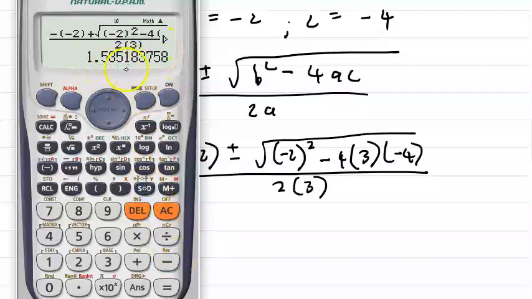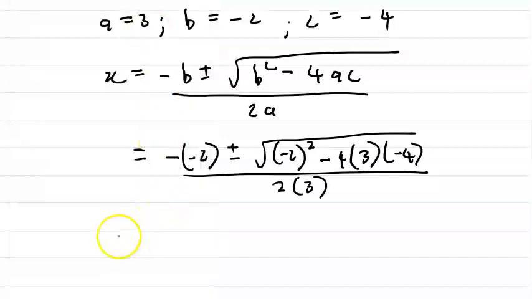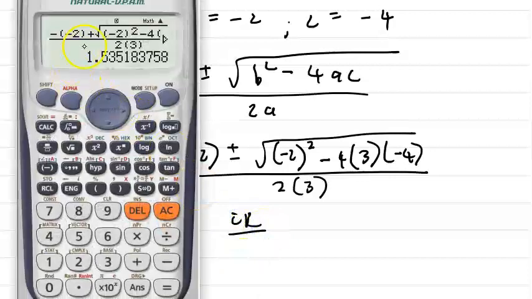1.54. Round to 2 decimal places, so that means you look at the third decimal place. If it's 5 or greater, then this 3 must now change to 4, so we are going to write our answer 1.54. So therefore x equals 1.54. Remember that we're going to have another solution because we've got plus minus there.